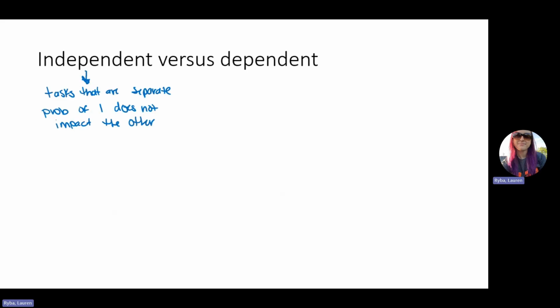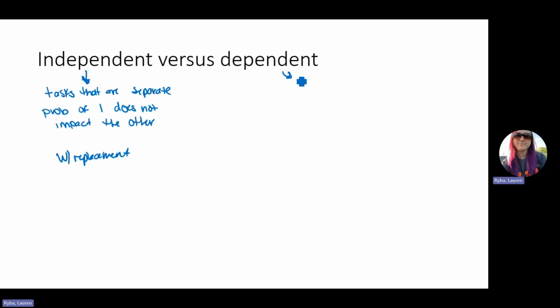So when we were doing our with replacement, that was an independent situation. If I do two completely separate events, like drawing a card and rolling a die, those are completely independent events. What I roll on the die is not going to determine what card I draw out of a deck.